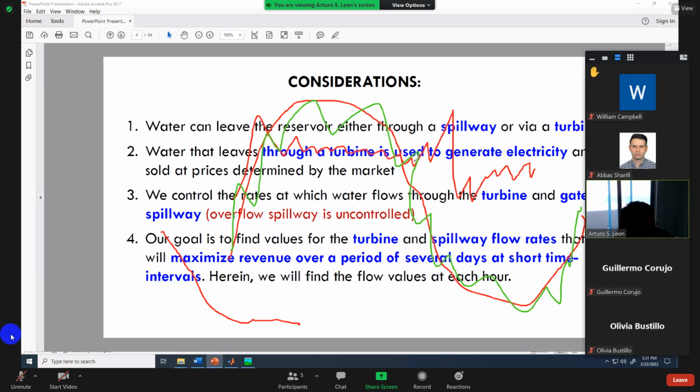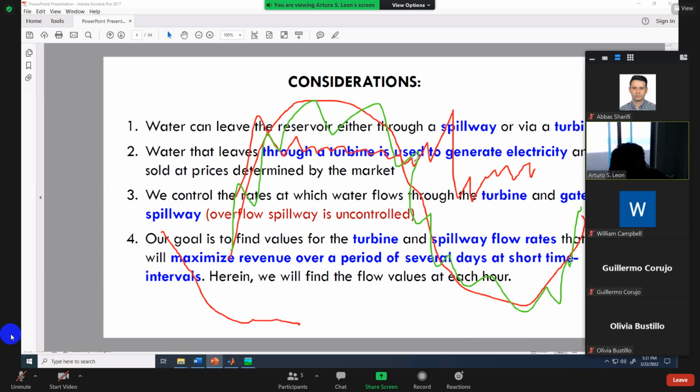But you also have to consider the rain, because you might sell the power now or tomorrow, but in 2 days you might not have enough water in your dam. Then you are in trouble with downstream, because downstream will tell you, you have to give me at least this amount of water for fish or for navigation. So you have to optimize, taking into account many constraints.